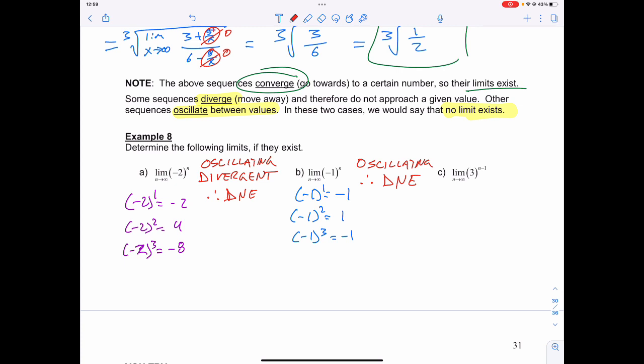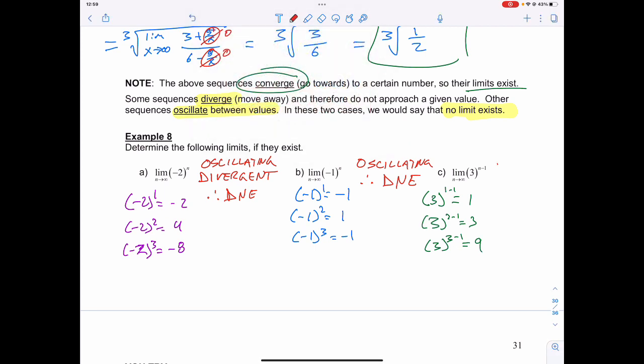And when I get to the last example, if I have the limit as n approaches infinity of 3 to the power of n minus 1, then I would have 3 to the power of 1 minus 1, which is 1, 3 to the power of 2 minus 1, which is 3, 3 to the power of 3 minus 1, which is 9.